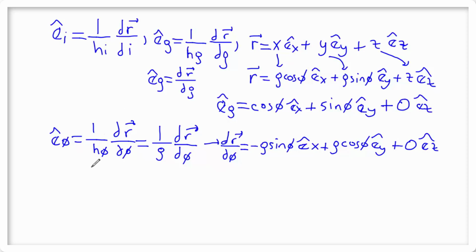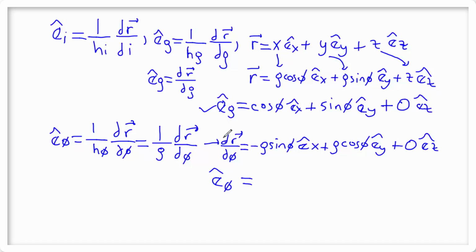Well, let's continue. Notice that we just found e rho. It's good. But did we find e phi? No. Because what it tells me here is, after you take the derivative, multiply it by 1 over rho, and ultimately you find e phi.